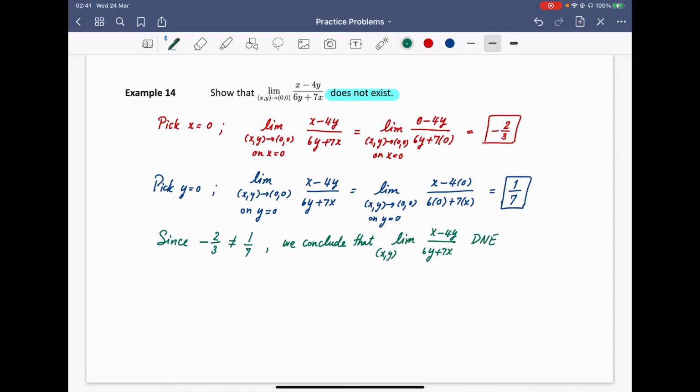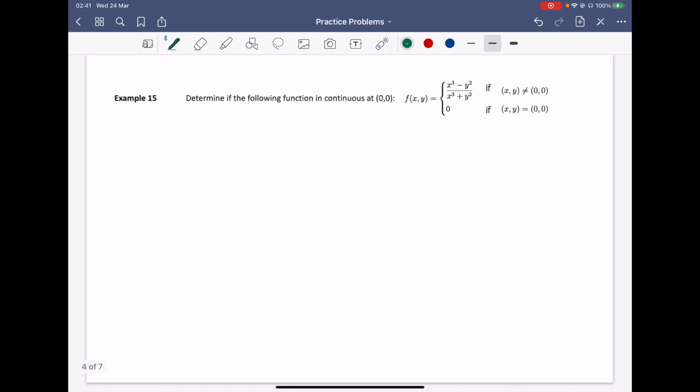Alright, this is still super easy, right? Alright, next we're gonna move to example 15.